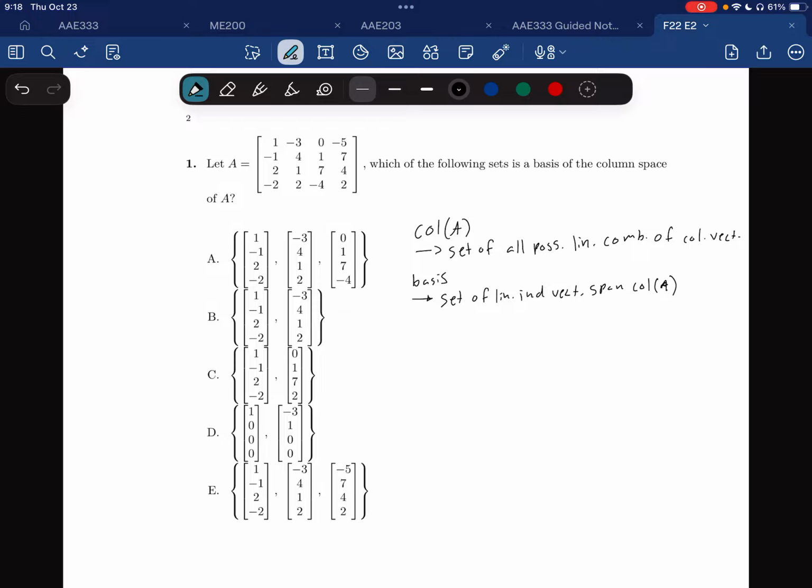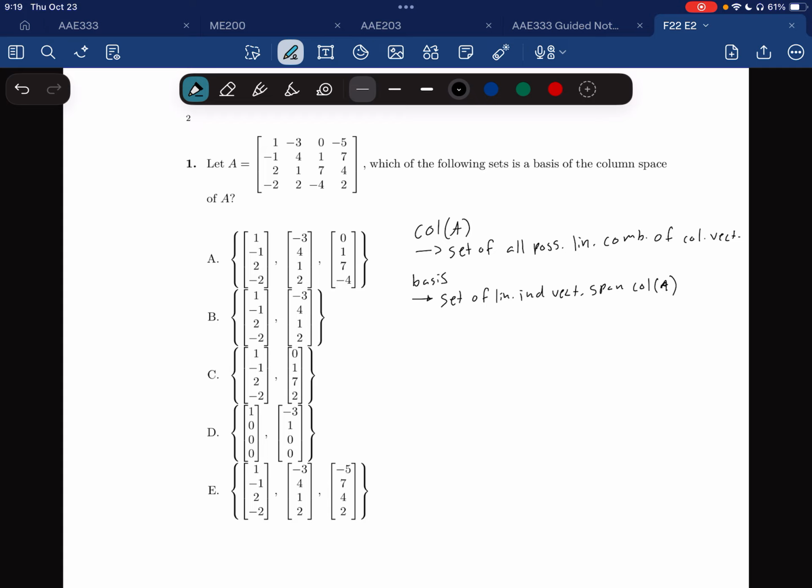And the standard method we're going to use is just to identify the pivot columns of the matrix. How do you identify the pivot columns? Obviously, you have to go ahead and RREF this. It looks like a lot just because it's 4 by 4, but really there are some not too bad steps that are taken here. But yeah, let's just get into it.